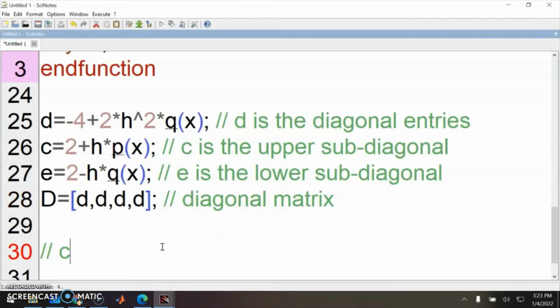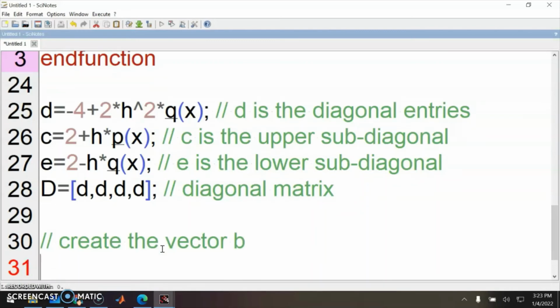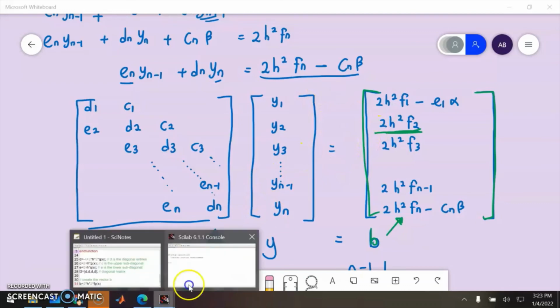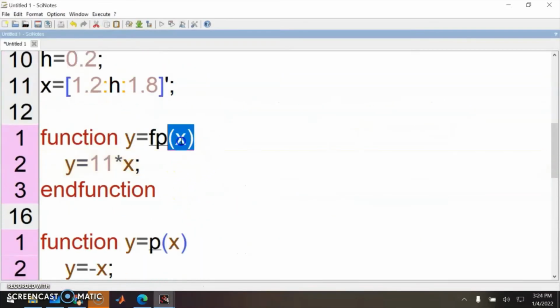So let's create the vector B. What is B? B equals to 2 times h squared times my function f, which I've defined by fp earlier on.